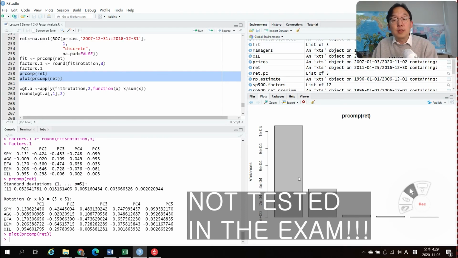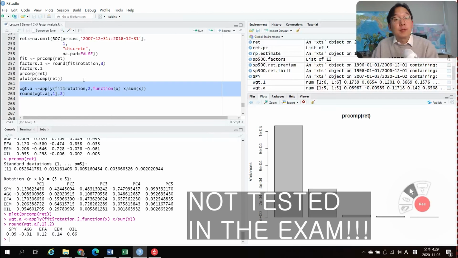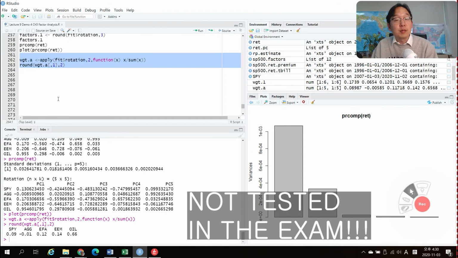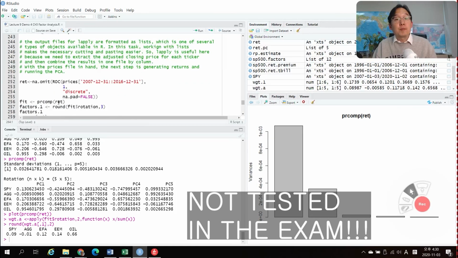Yes, the first component, second component, third component is plotted over here, and then apply the rotation, and these results are shown like this. Okay, so which component is explaining up to which degree? Yeah, that is shown over here.